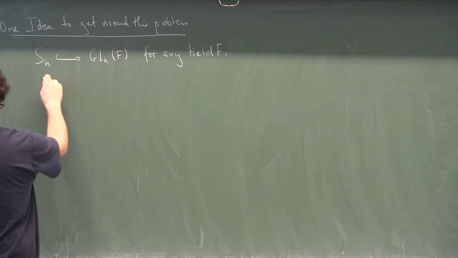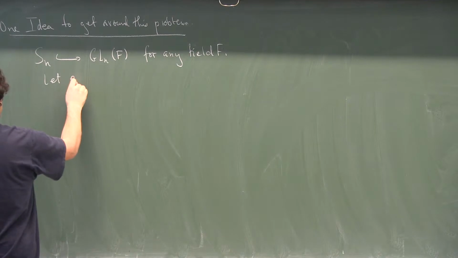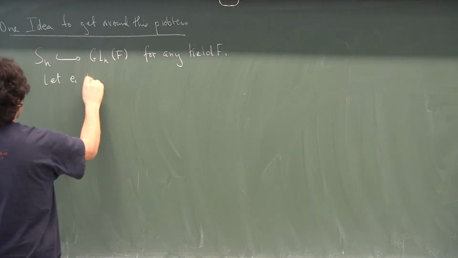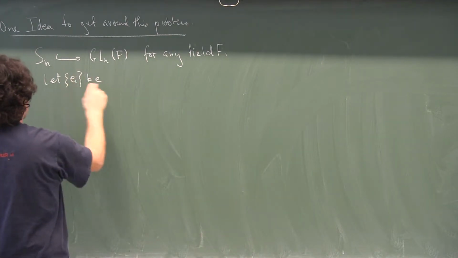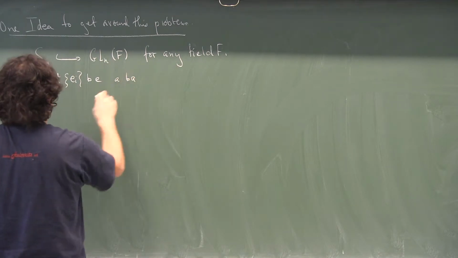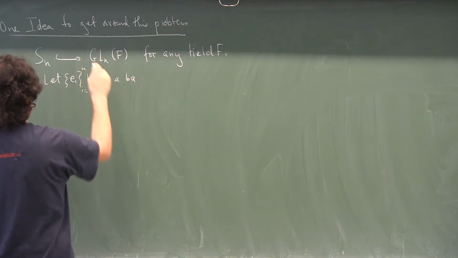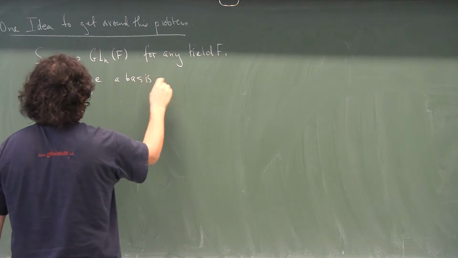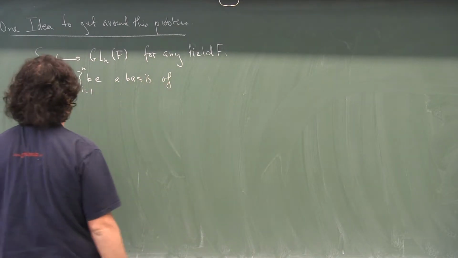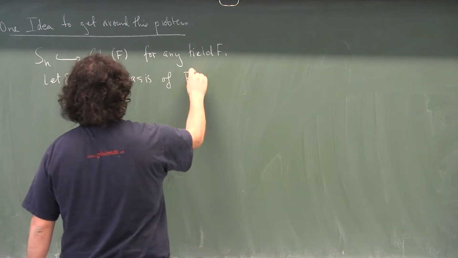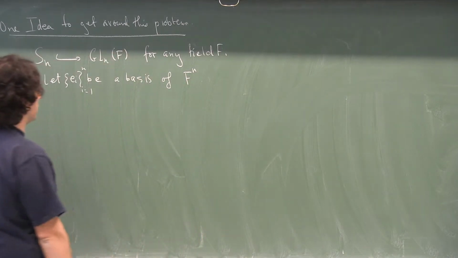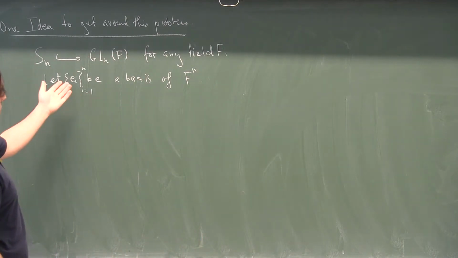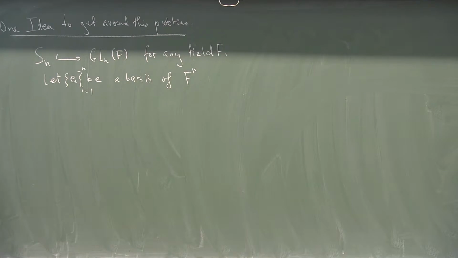How do we do this embedding? We define, let e_i, with i going from 1 to n, be a basis of F^n. So it's the standard basis, if you want, of coordinate vectors.